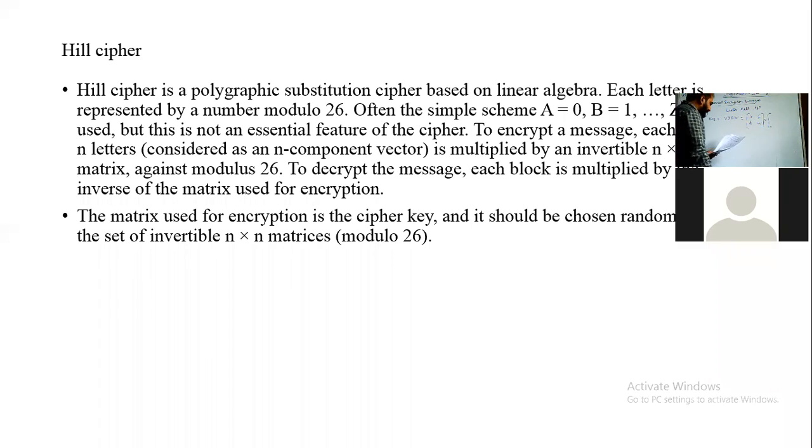V is 21, I is 8, E is 4, and W is 22. I told you how to write letter numbers in the previous lectures: A is 0, B is 1, C is 2, D is 3, E is 4, in this way, and Z is equal to 25.